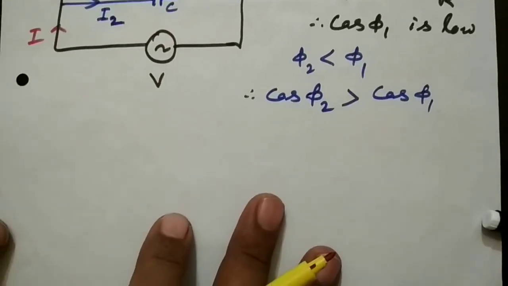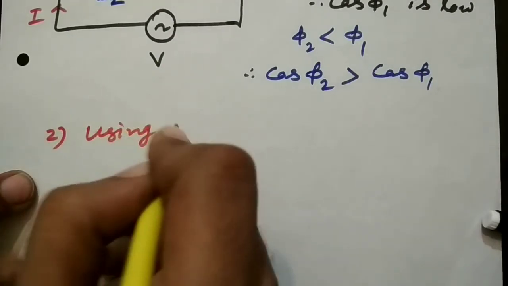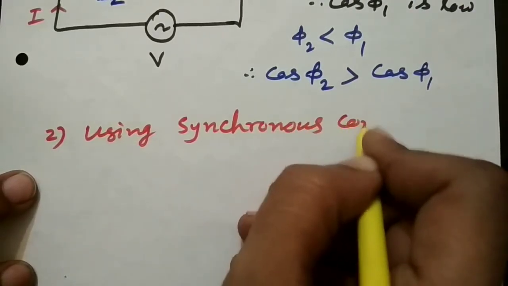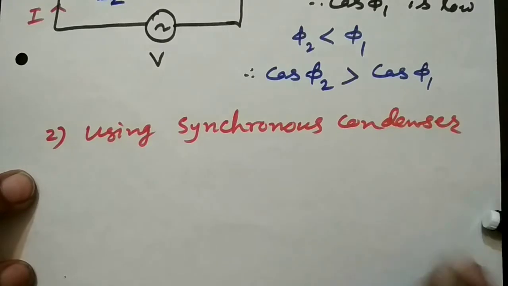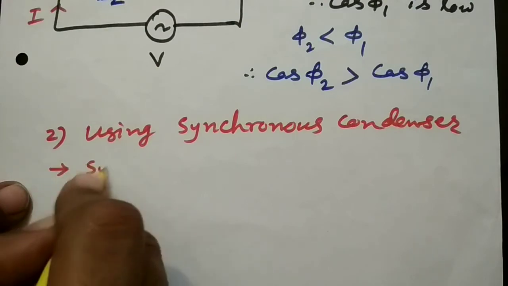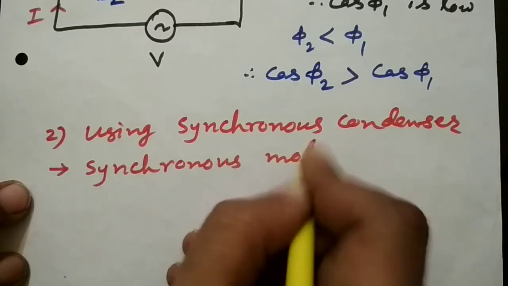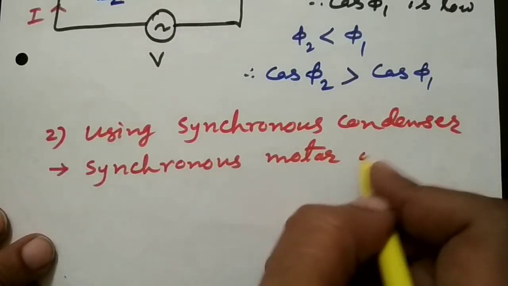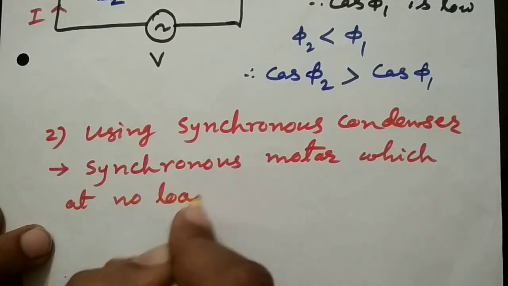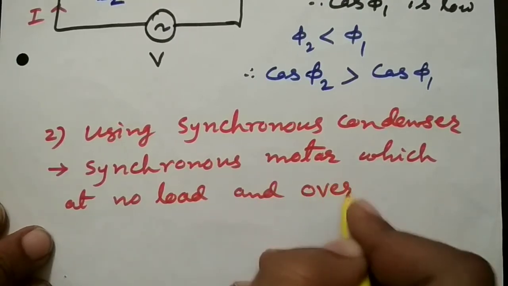The second option for improving power factor is using a synchronous condenser. What is a synchronous condenser? A synchronous condenser is nothing but a synchronous motor which runs at no load and overexcited condition.